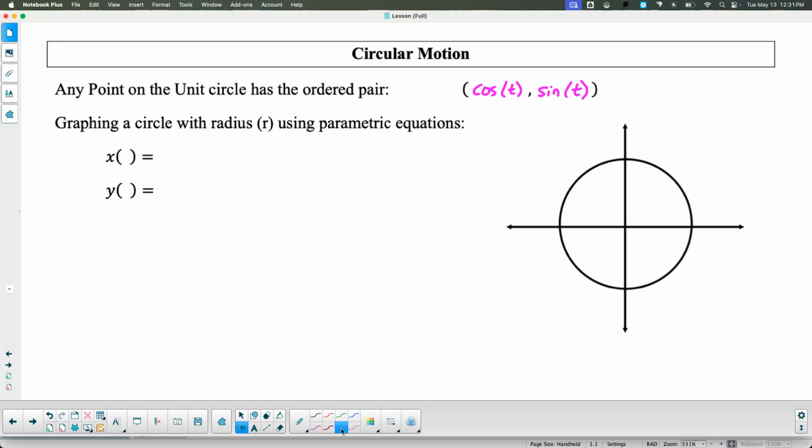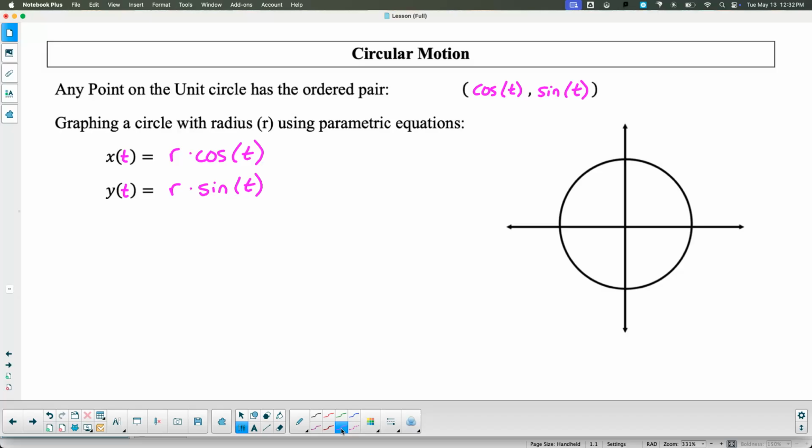Which means to graph any circle in parametric form, it would be x of t is equal to r cosine of t, and y of t would be r sine of t. And that works for any circle.